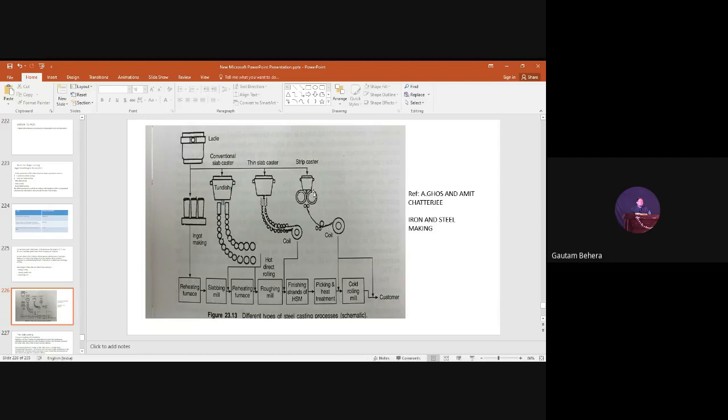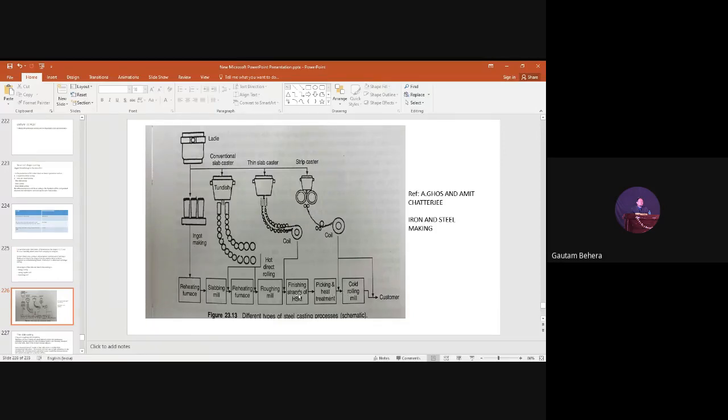That means we are not using any kind of mold. You can see this is the advantage. But here in the thin slab caster, we are using a mold. Here we are not using any kind of mold. We are directly pouring the liquid steel into the twin rolls. Two water-cooled rolls will be there, so it will roll the solidified liquid steel into strips directly.